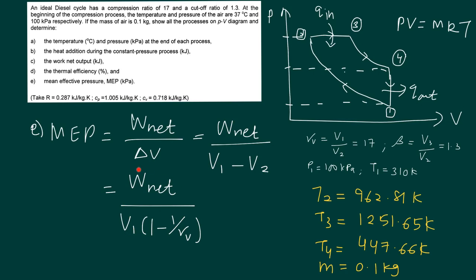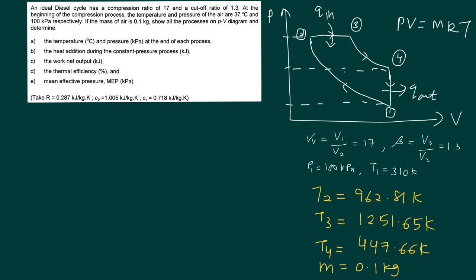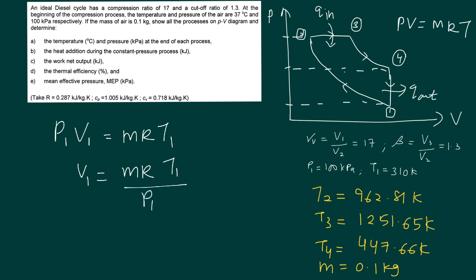So let's say we make use of this one, so we need to find your V1 first. So we make use of your PV equals mRT. Therefore, you will obtain your V1, which is equal to 0.089 meter cube.